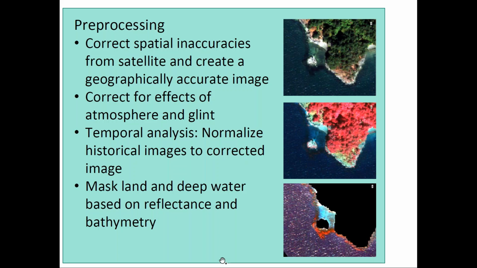Glint is that signal that I mentioned to you in a previous slide, that is very hard to correct, but depending on how strong it is in the image, if it's not that strong, you can still correct it. And because we're doing temporal analysis, we make sure that we do a spectral normalization of all our historical data. And after that, we do some processing to remove land and deep water to minimize possible interference of land and deep water on the classification of the kelp itself. Next slide, please.